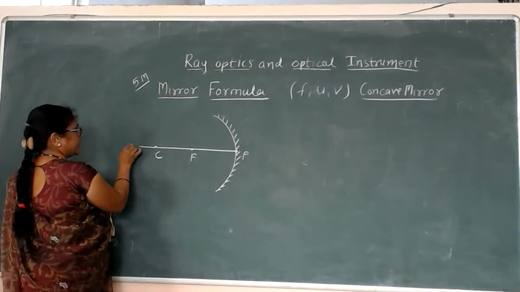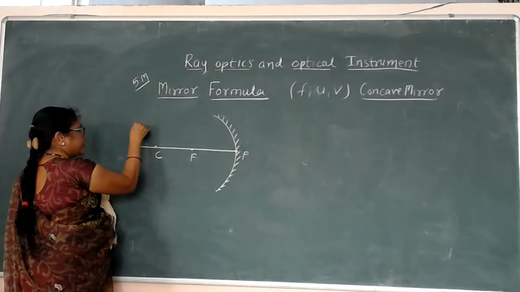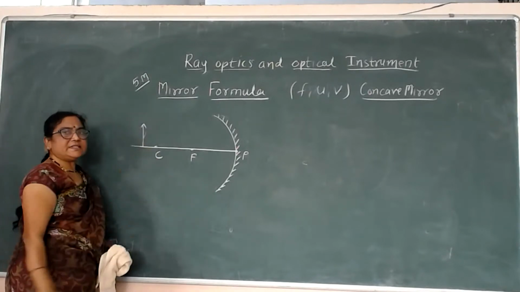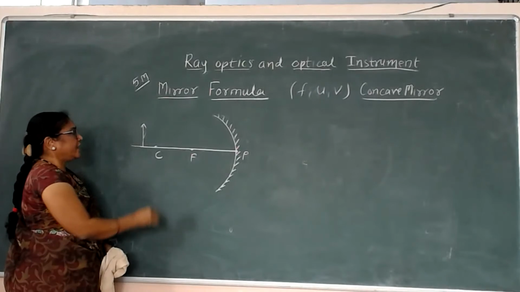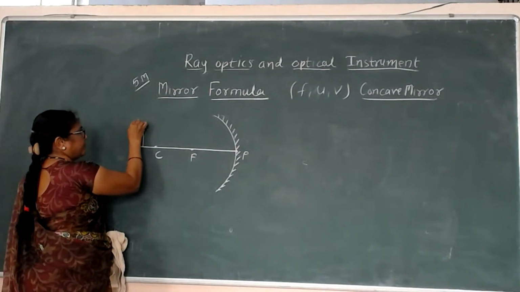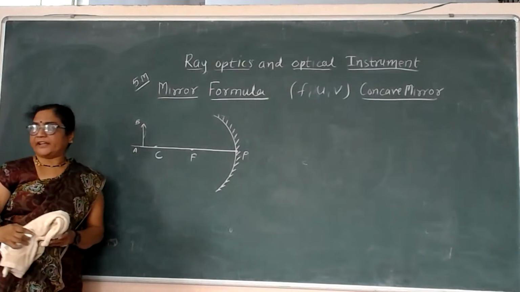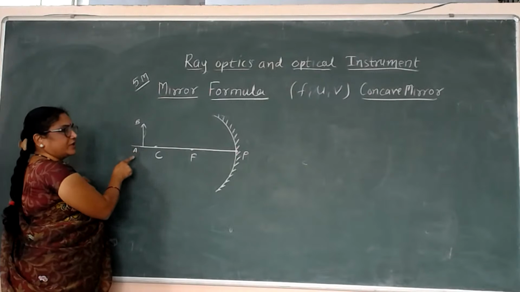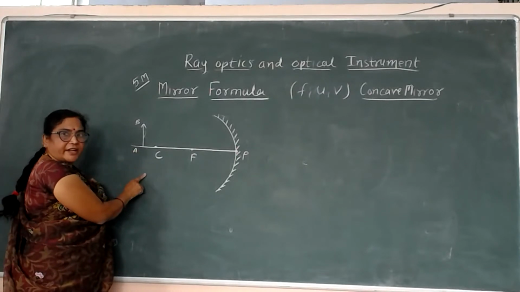If the extended object AB is situated beyond C, first draw the ray diagram, where AB is the object situated beyond C.